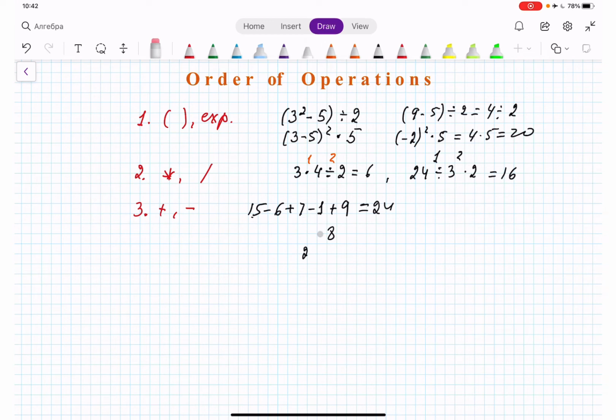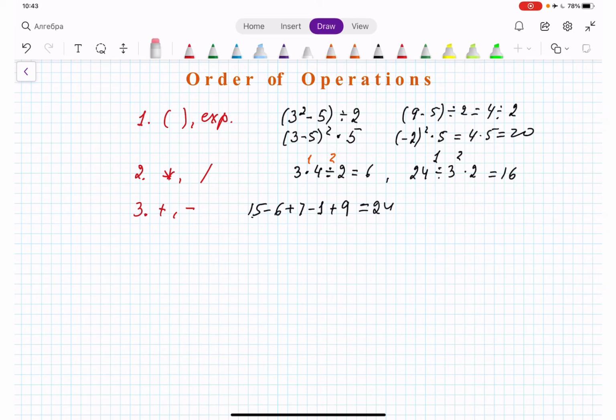So here is a rule. If in your problem you have addition and subtraction only involved, then you can calculate in any order. I personally collect all the numbers with negative signs together and add them, numbers with positive signs I add together, and then at the end I have one positive, one negative, and I solve it. Okay?